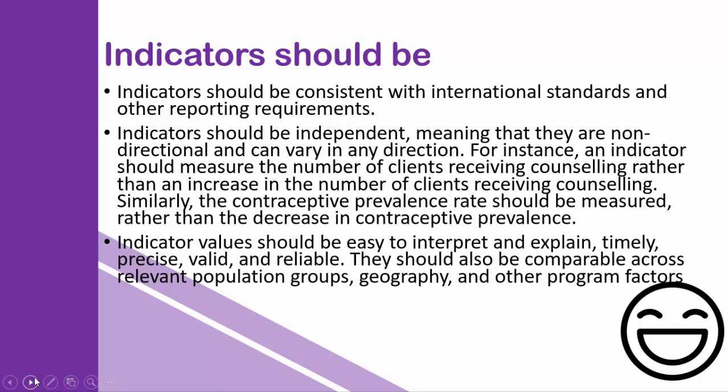Is that an indicator? You might say it's an indicator, but the truth of the matter is that it has not been properly formulated. You are not supposed to give any direction as to where the indicator should go. You should not say decreased in poverty reduction by 50%.